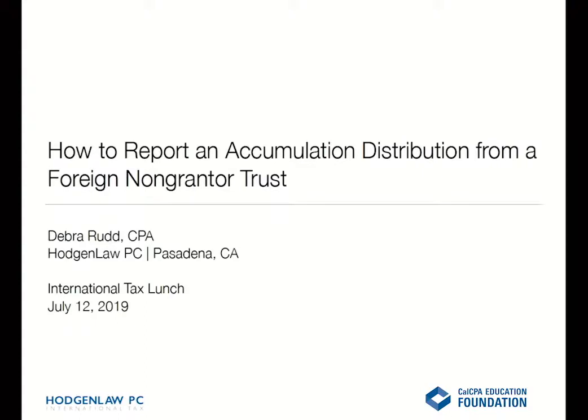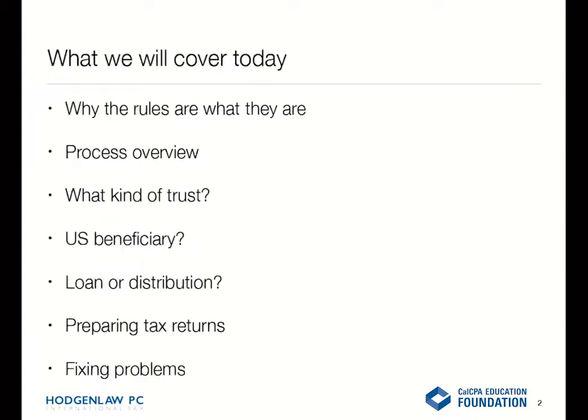Hey everybody. So today we're talking about how to report an accumulation distribution from a foreign non-grantor trust. And the topics that we're going to cover, first we'll talk a little bit about why the rules are what they are. We'll look at an overview of the process that you follow if you get one of these projects where you have a client who's a U.S. beneficiary of a foreign non-grantor trust and they get a distribution.